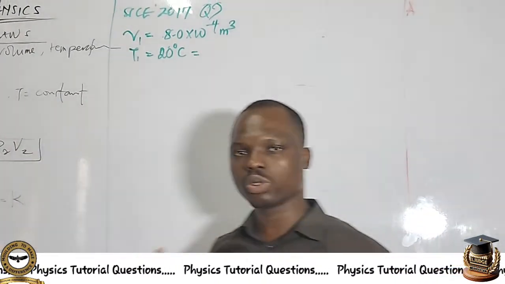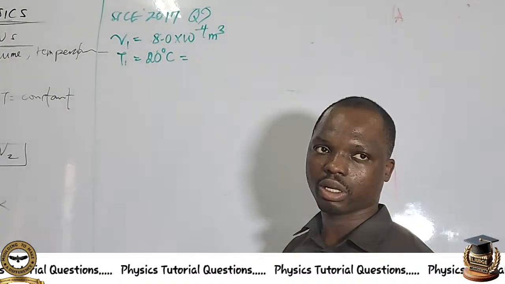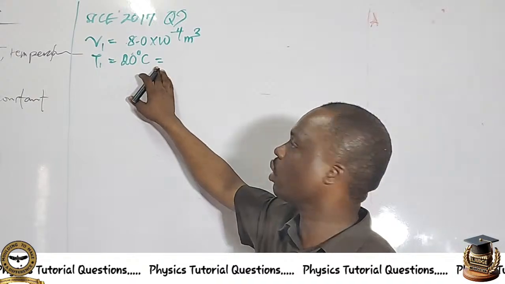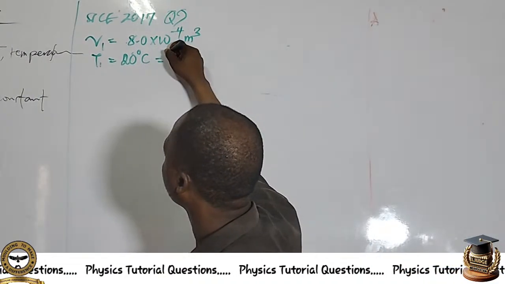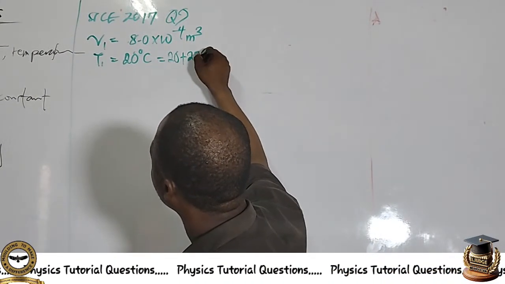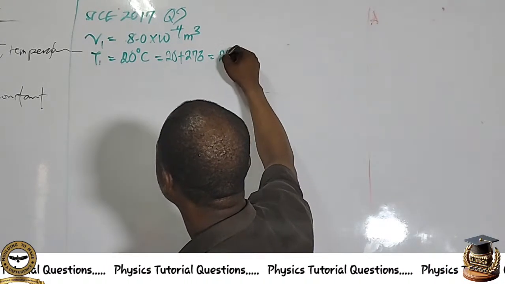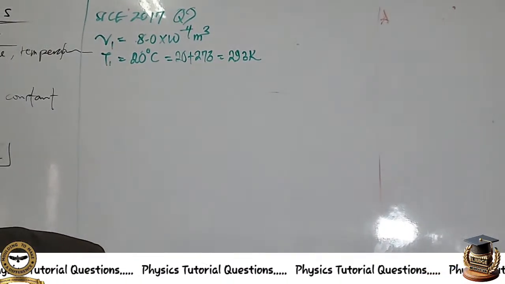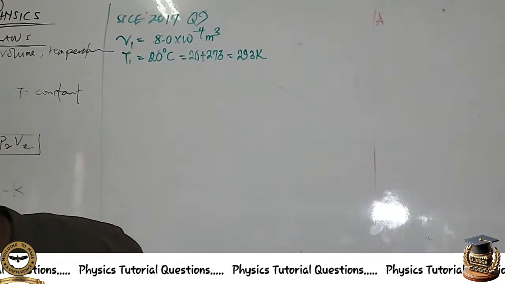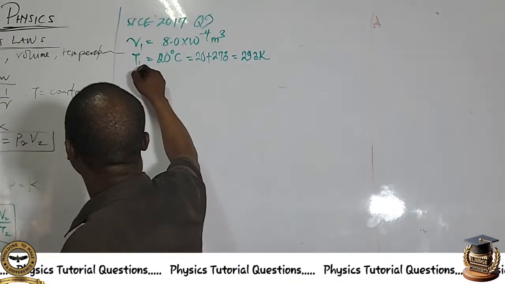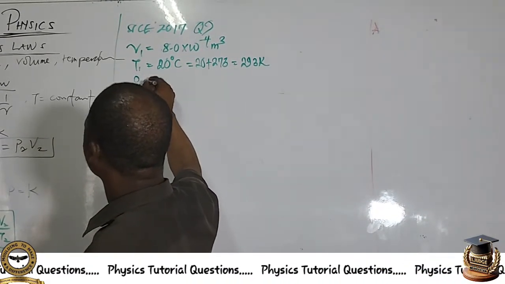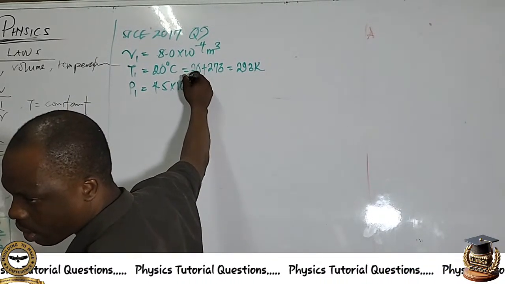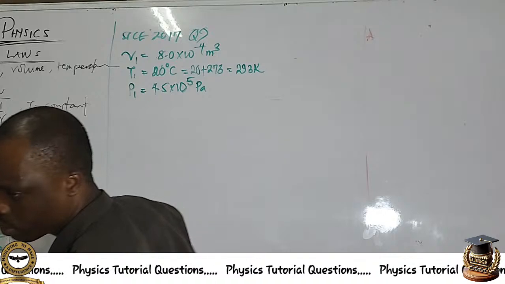Remember that whenever you are solving gas law problems, you have to convert degrees Celsius to absolute temperature by adding 273. So this will give us 20 plus 273, and that is 293 Kelvin. So that's our T1. Then, a gas pressure of 4.5 times 10 raised to the power 5 Pascal.